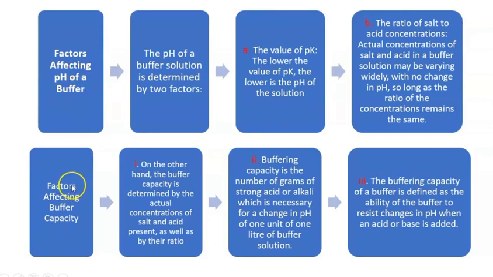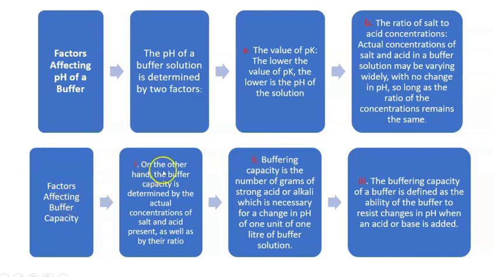Then 2, now we move to factors affecting buffer capacity. You know, a buffer is a solution that resists change in pH when an acid or a base is added. But for the buffer to do its work well, there are factors that affect it.